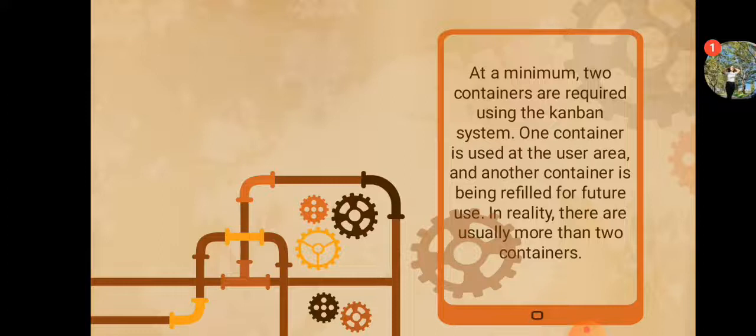So a minimum of 2 containers is required using the Kanban system. One container is used at the area and the other container is being refilled for future use. In reality, there are usually more than 2 containers, no? There should be more containers so that our items can continue.